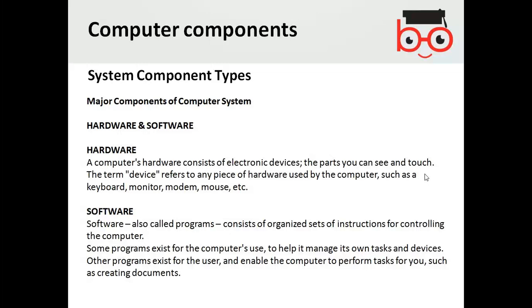So software is a program which controls the computer. Some programs exist for computers to help it manage its own tasks and devices. So obviously hardware is controlled by software. It cannot run itself. That kind of software is known as the operating system, and other programs for the user enable the computer to perform tasks for you, such as creating documents.